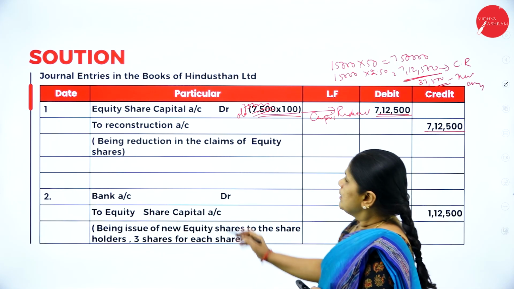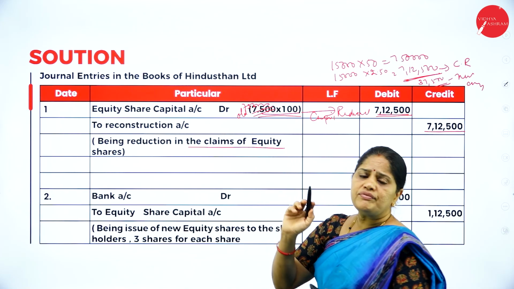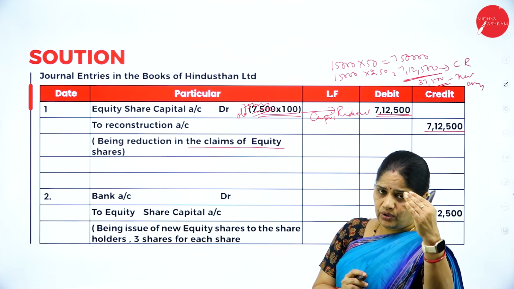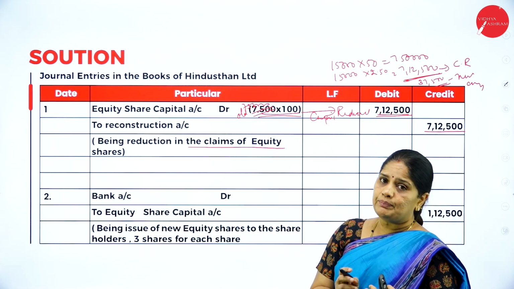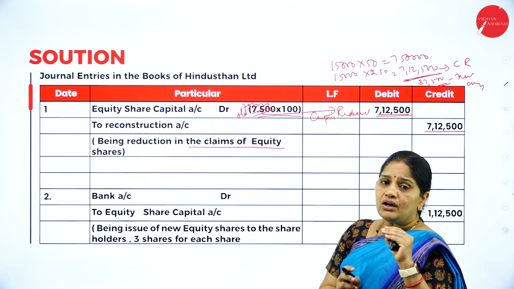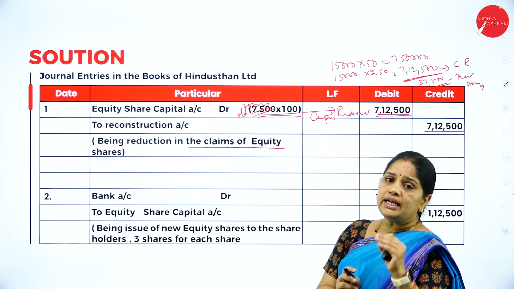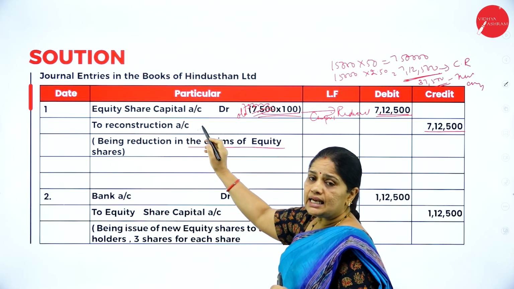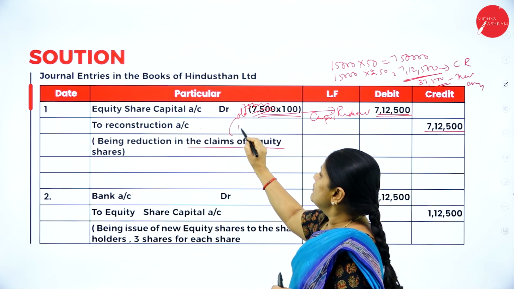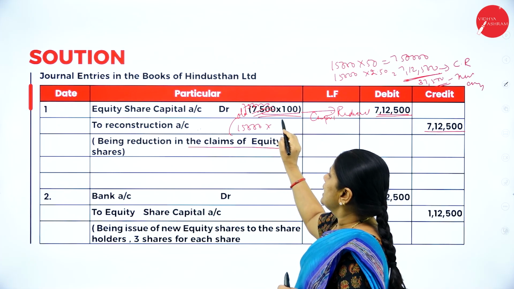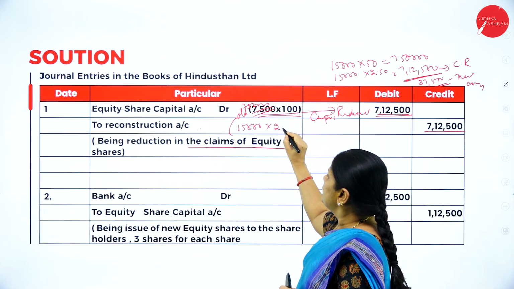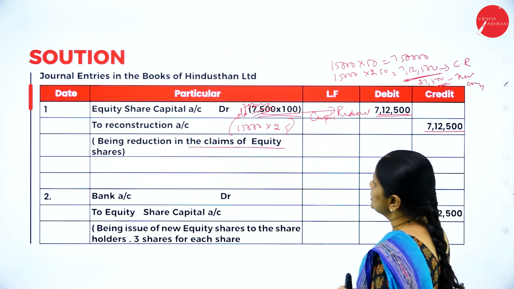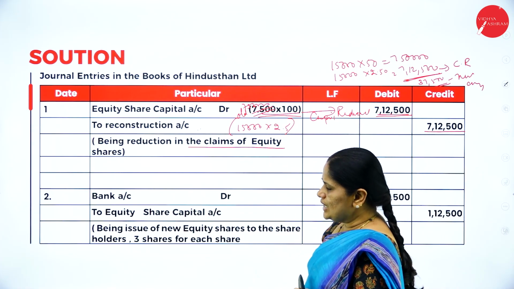But then, being reduction in the claims of equity shares, you are reducing the face value from 50 rupees to 2 rupees 50 paisa. So from each share, they are taking 47 rupees 50 paisa to the reconstruction account. That will be 15,000 into 47.5, being the value of the reduction in the claims of the equity shares.